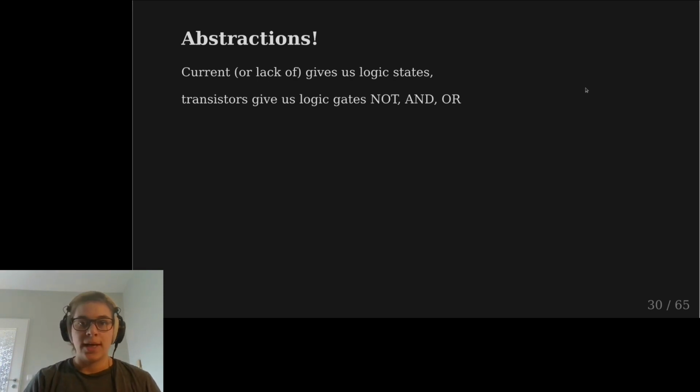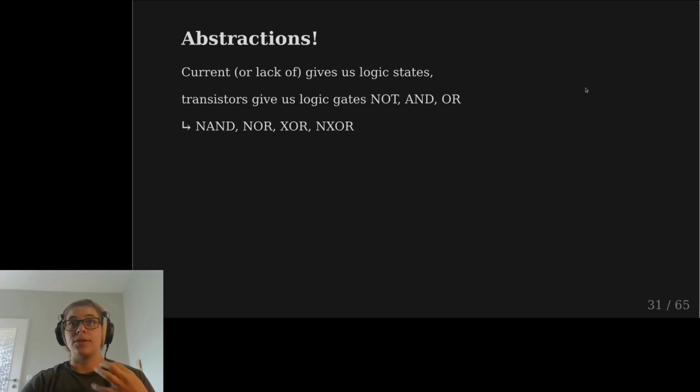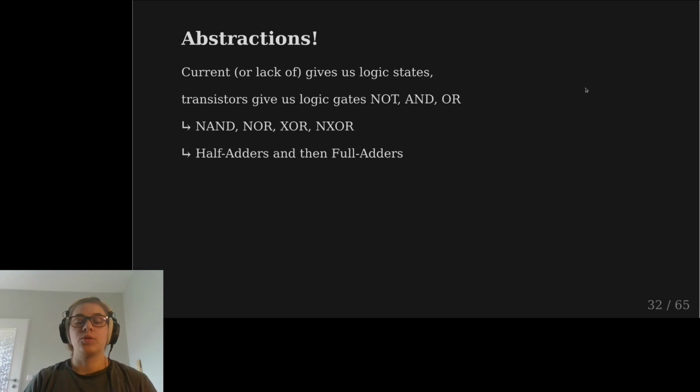The fundamental gates are NOT, AND, and OR. We can put those together to create more sophisticated gates like NAND, NOR, exclusive OR, and not exclusive OR. And these we can put together to build half adders and then full adders, to start doing computation, like counting numbers together.